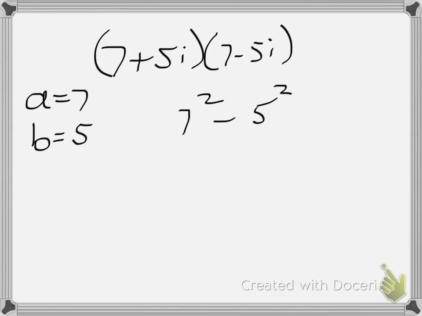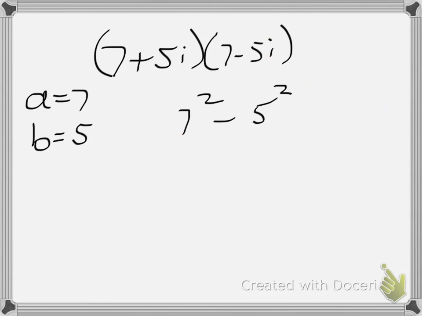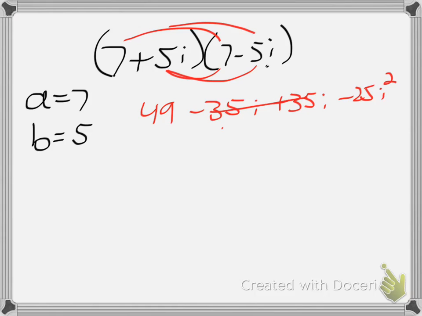Now the difference is, with the original example, it was a plus b and a minus b. In this case, because of our i's, the effect is this is now going to be plus. And the reason is, if we FOIL this out, 7 and 7, I'll get 49, minus 35i, plus 35i, and then minus 25, now I have i squared. 35i, negative 35i, will add to 0.